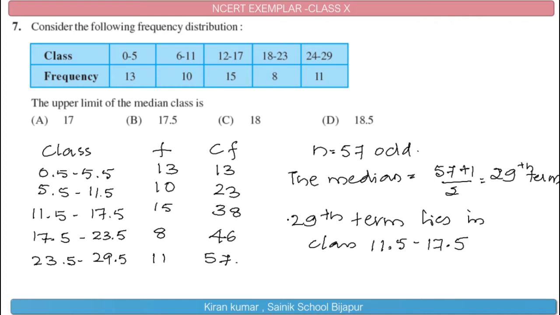So the 29th term is somewhere here. Therefore, the upper limit is 17.5, and this verifies option B as the right answer.